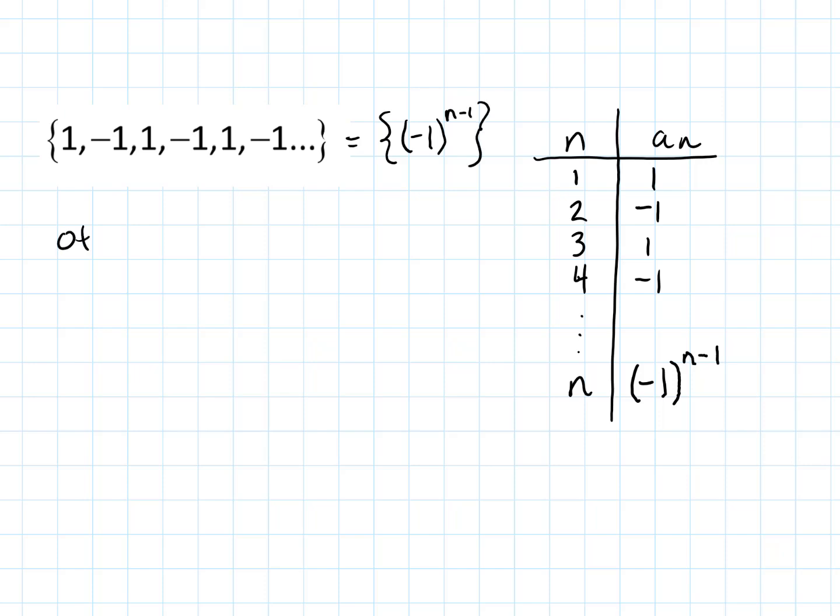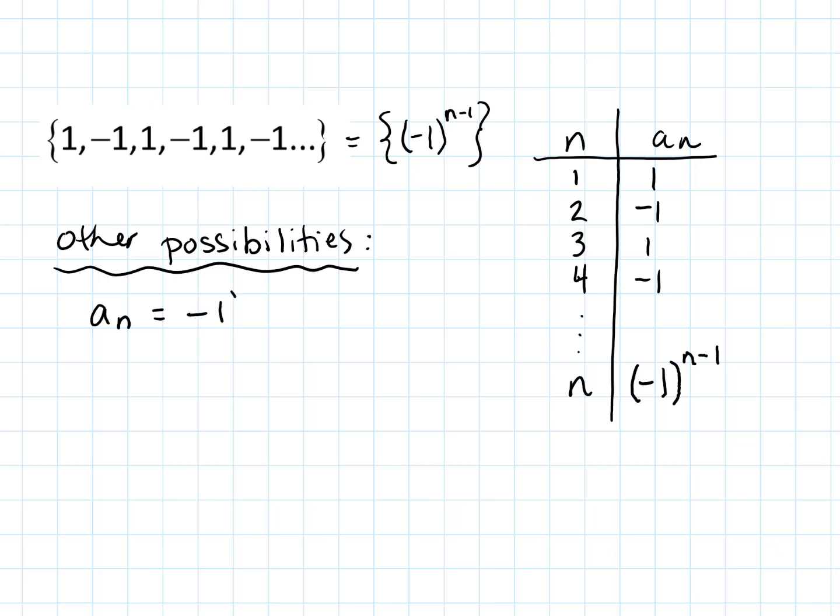But there are all kinds of ways that this could be expressed, so there are definitely some other possibilities. In this particular case, we could start with a sub n is -1 to the n minus 1, but that is exactly the same as saying -1 to the n plus 1. That would generate the same thing.